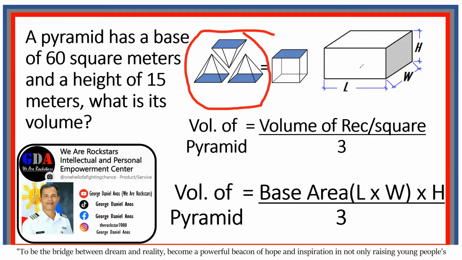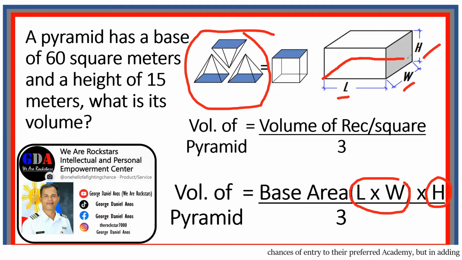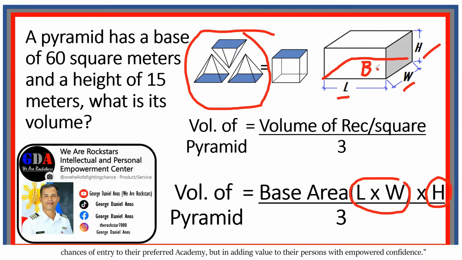As you can see, you have the rectangle here, the length, the width, and the height. So the volume of a rectangle or a square prism is length times width times height. But length times width will create what we call the base area. So therefore, we can say that length times width is also the base area.